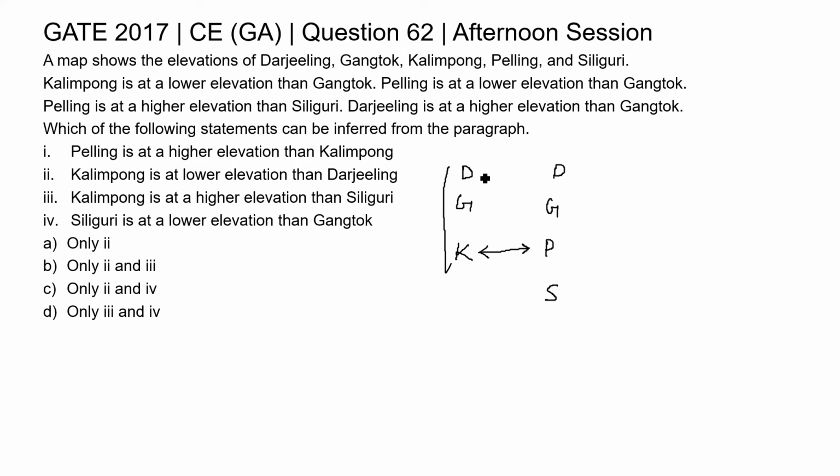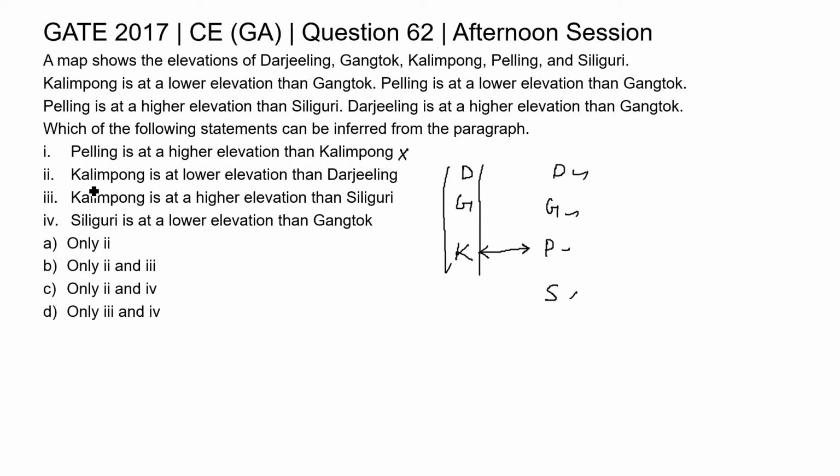The first set is Darjeeling, Gangtok and Kalimpong, and the second set is Darjeeling, Gangtok, Pelling and Siliguri. But from these conditions we cannot say the relationship between Kalimpong and Pelling directly. So we are not sure about statement 1. We cannot say this statement 1 is correct or incorrect. So we cannot select statement 1.